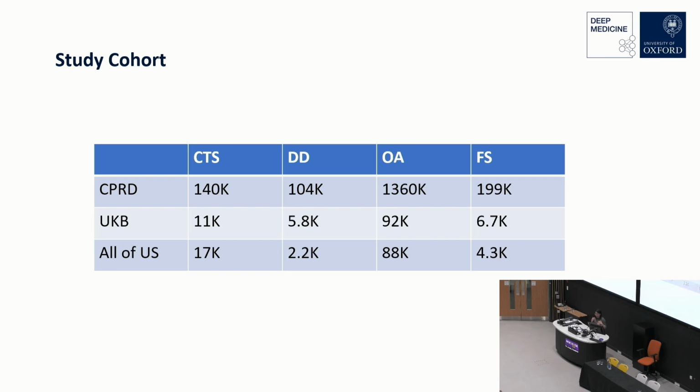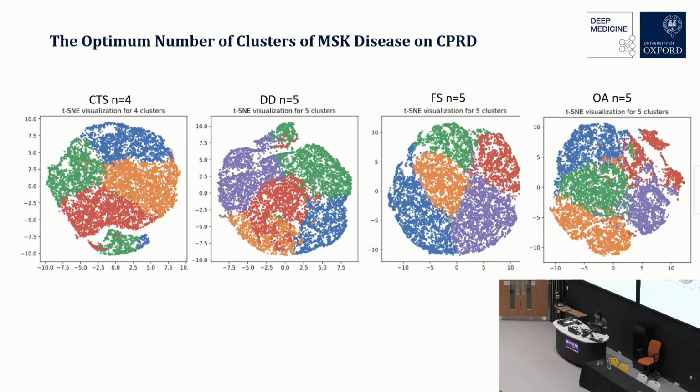Although the total number of cases in UKB and All of Us is around 300,000 participants, the disease prevalence differs from UKB, which has more patients. In CTS, All of Us has more patients, showing that the disease patterns in the UK and US are different.